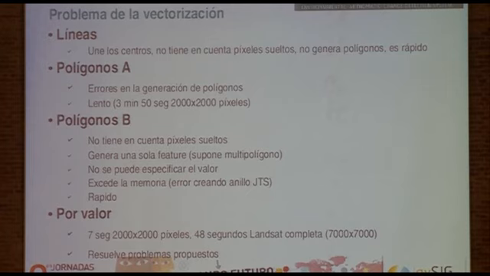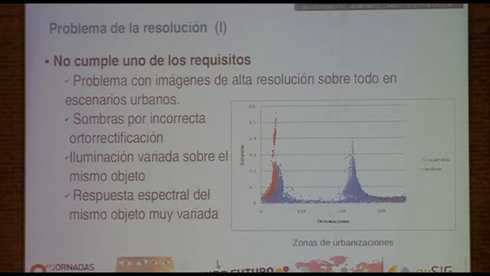We have some problems with big images too. So finally, the performance was not very good with polygon A. So we decided to generate a polygon per value, and it was working much better.